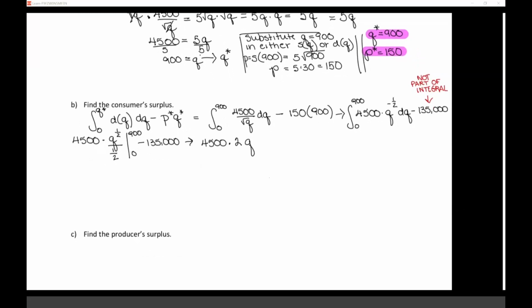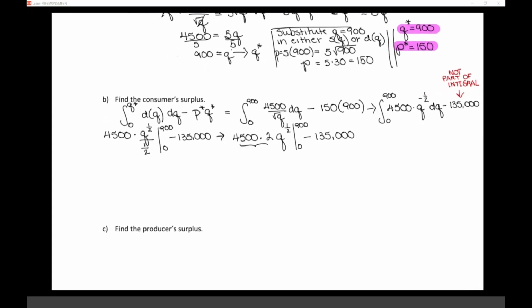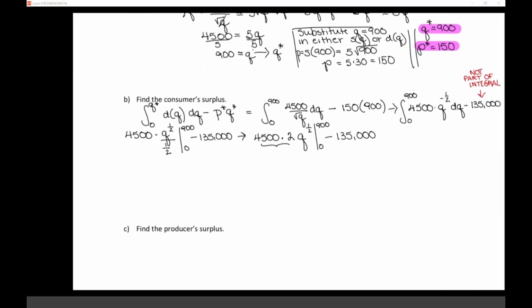And then I have Q to the 1/2 from 0 to 900 minus 135,000. This is just algebra. I'm changing divide by 1/2 to multiply by its reciprocal. Now that lets me multiply these two numbers together to get 9,000.